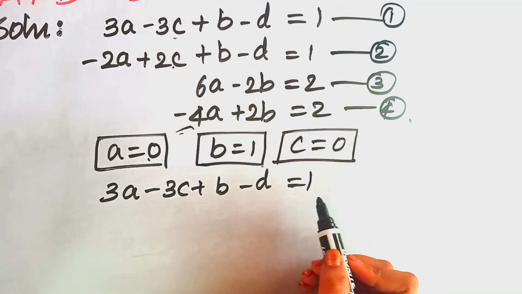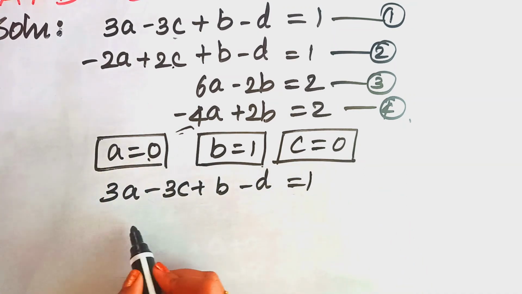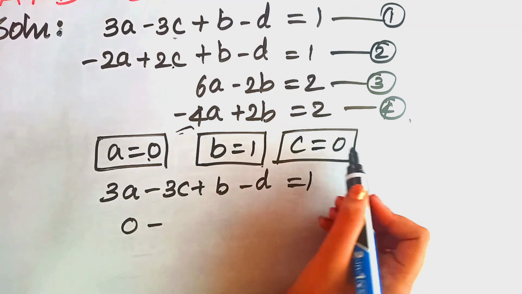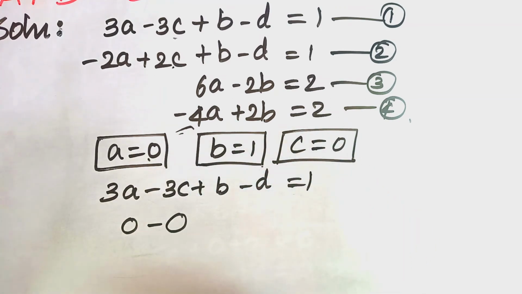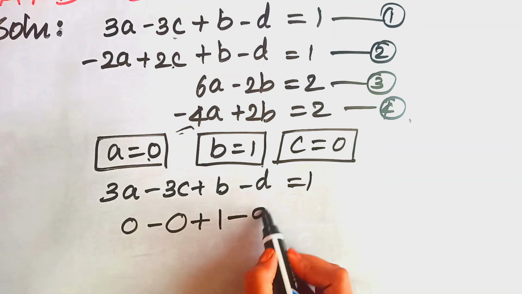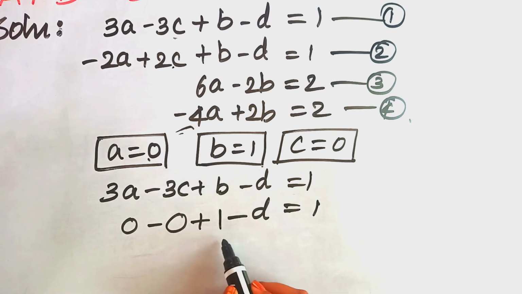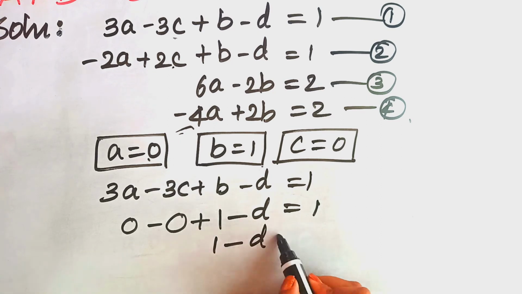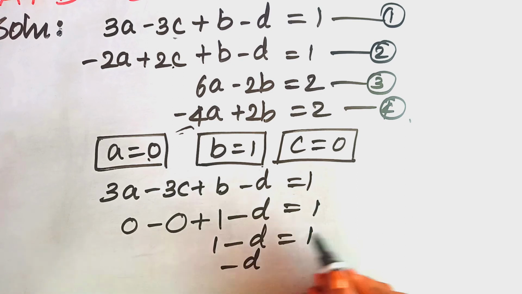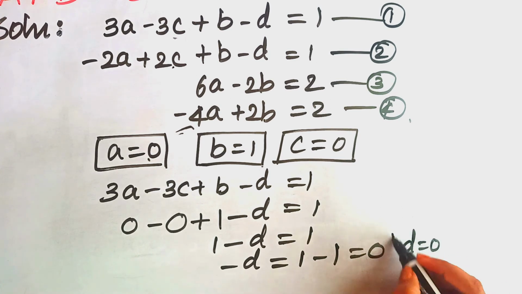First let's substitute A equal to 0, so this term will be 0, and then C is equal to 0, so this term will be 0, and then B is equal to 1, so here it will be a 1. Now the balance term: 1 minus D is equal to 1. Let's take this 1 to that side, so we get 1 minus 1, which is equal to 0. Therefore D is equal to 0.